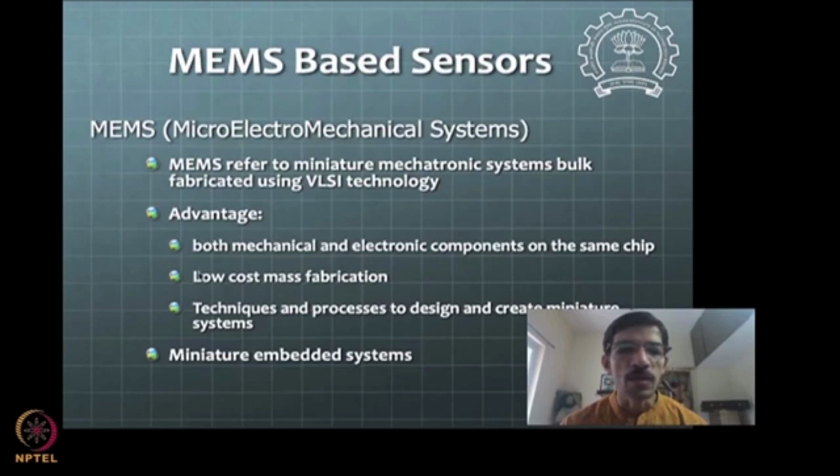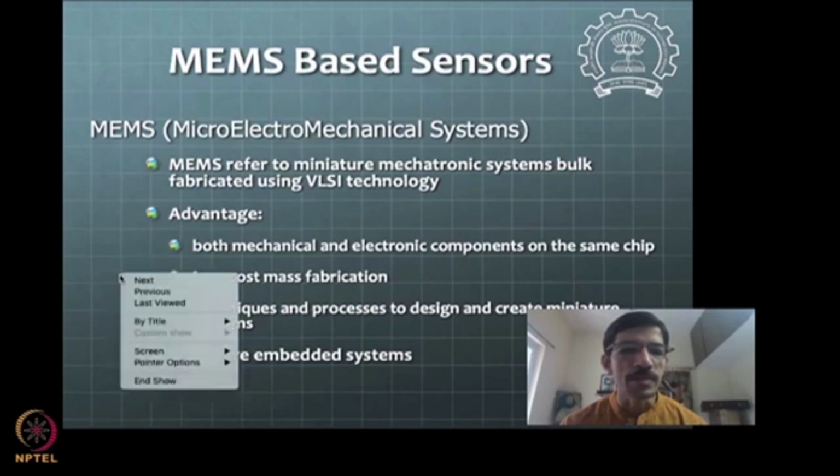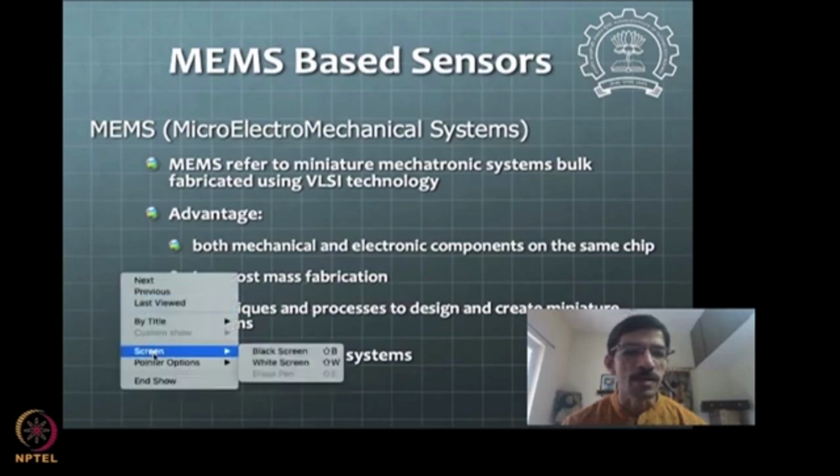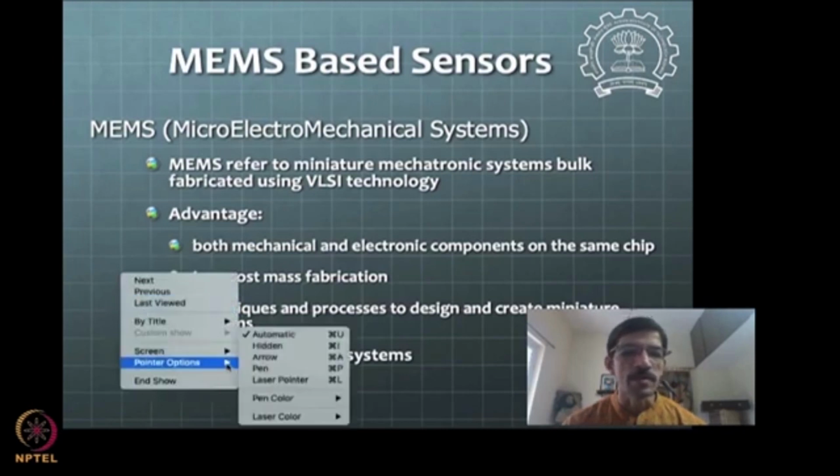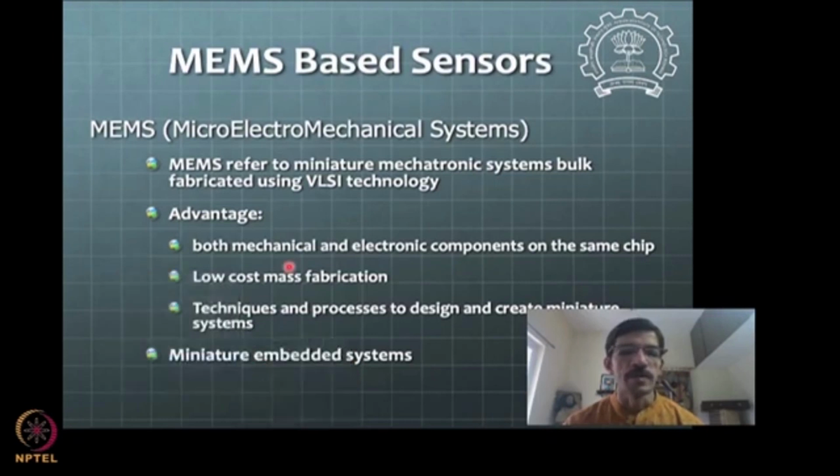Then low cost of fabrication, low cost due to mass fabrication, and the techniques and processes can be designed to create really small systems.